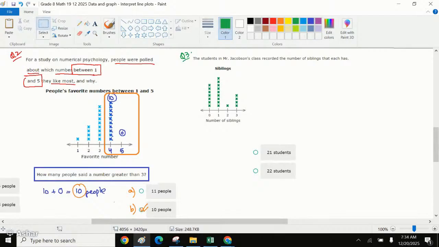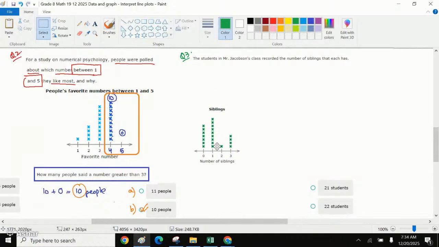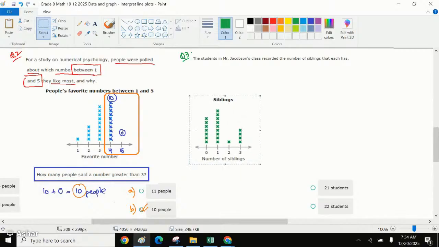And question number 3 is asking us that the students in Mr. Jacob's class recorded the number of siblings each has, right? The question is about the number of siblings.